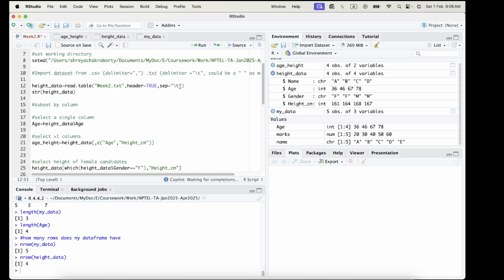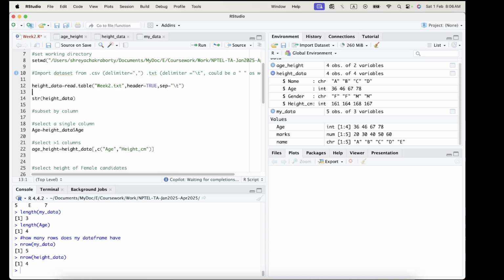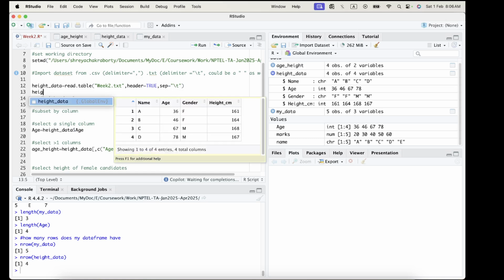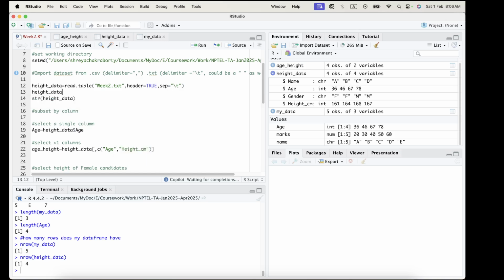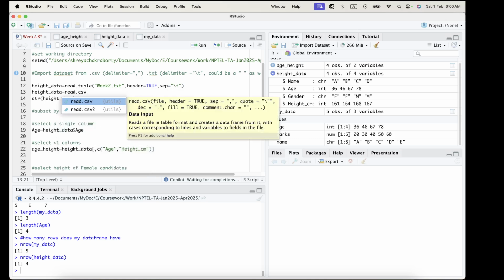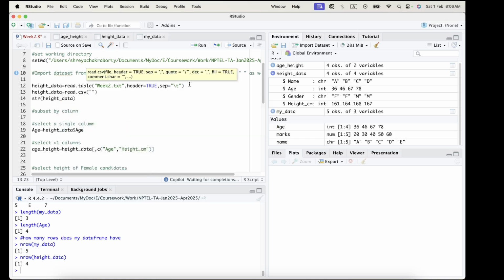Alright, another way to do it is you could also use read.csv and the same thing.